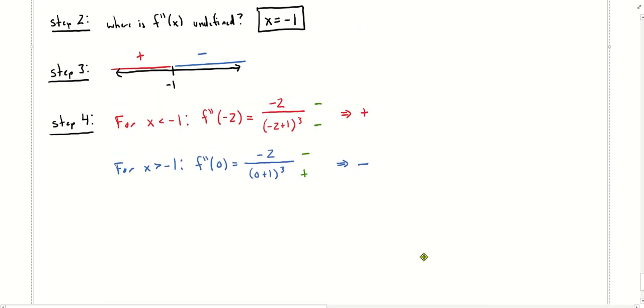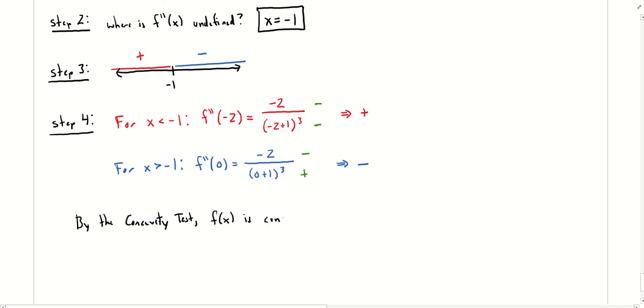So now I can use my concavity test to state my conclusion. So by the concavity test, my function is going to be concave up on the interval where I had a positive second derivative. That was my red interval.